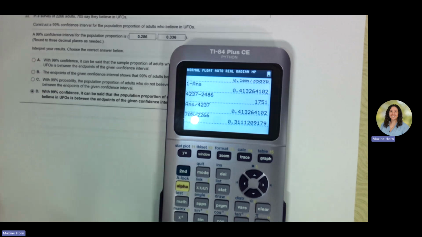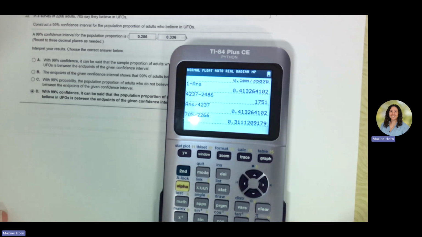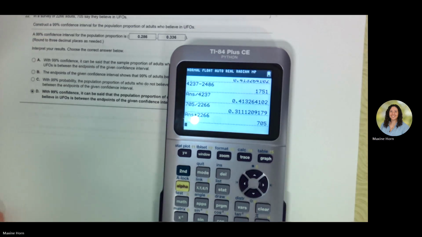Okay, so that's 0.311. So that's our P hat. So 0.311 times N, is that greater than or equal to 5? Yeah, we're good.